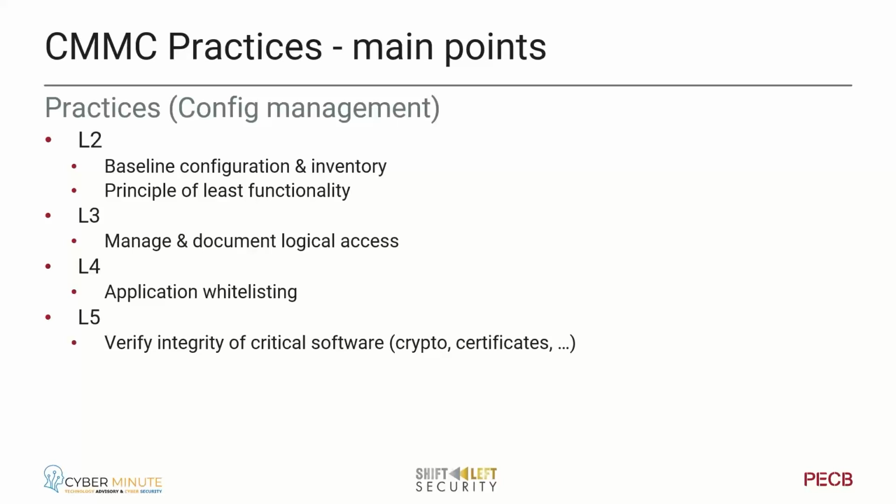Application whitelisting. Which applications are allowed to run on a specific machine, on a specific endpoint, means that you know which applications are allowed. And also level 5 is that you verify the integrity of critical software.